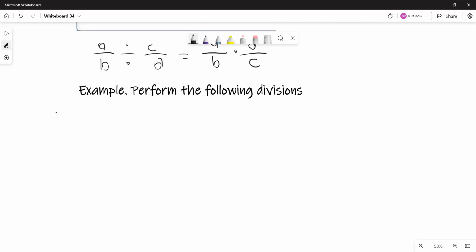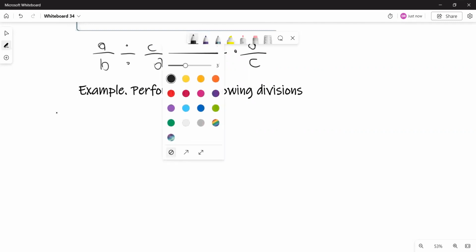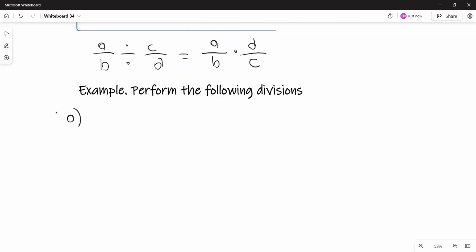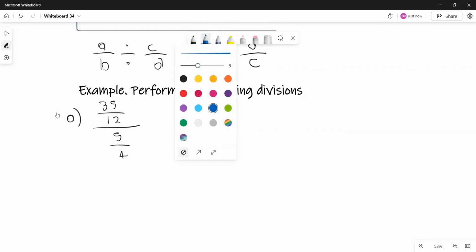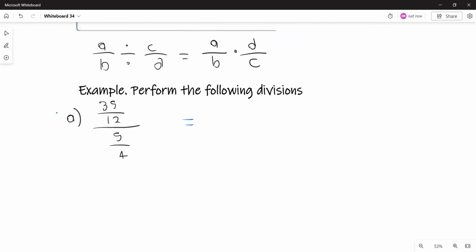We're doing first 35 over 12 over 5 over 4. Okay, so that's going to be the product of the outside numbers over the product of the inside numbers.